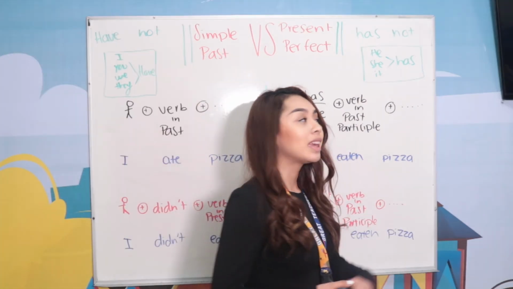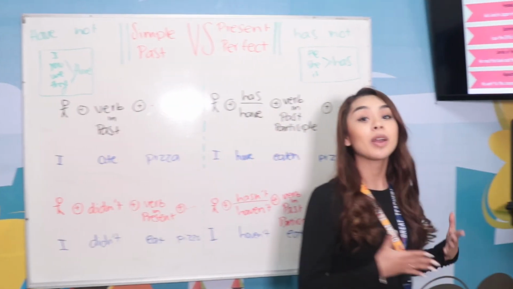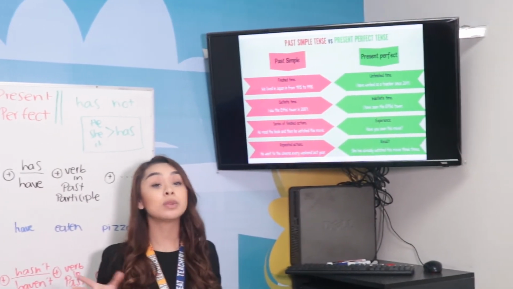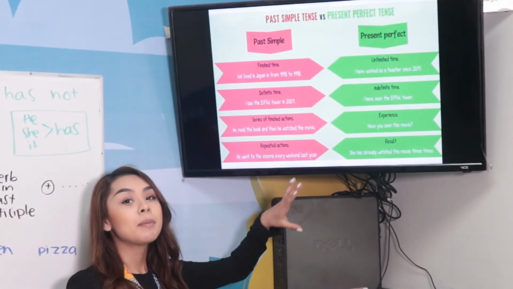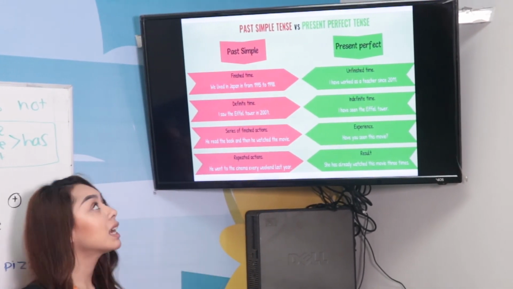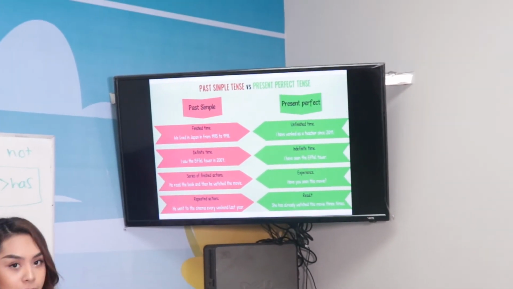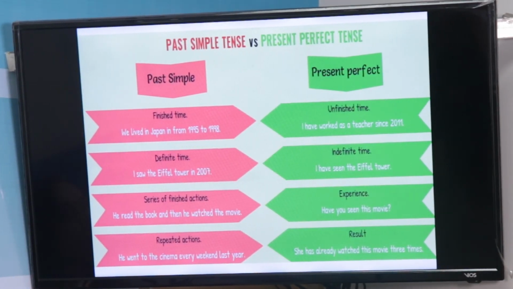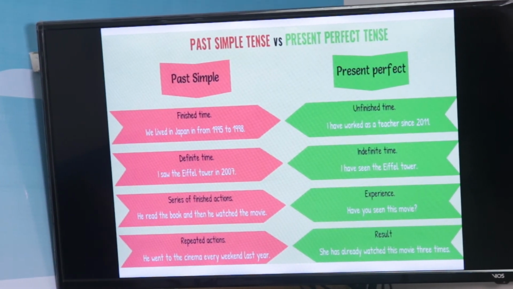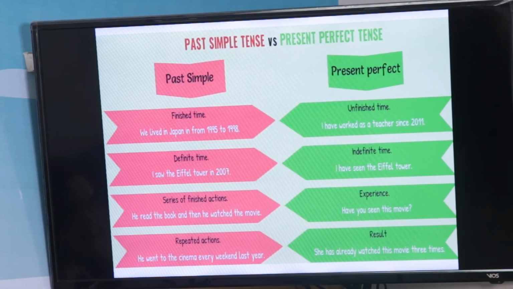And to continue, here in the screen, we have a compare and contrast of both tenses. First, let's talk about simple past, but talking about finished time. Let's read the sentence. We lived in Japan from 1995 to 1998.